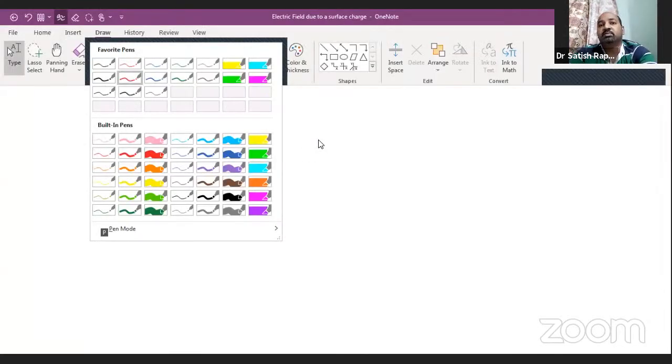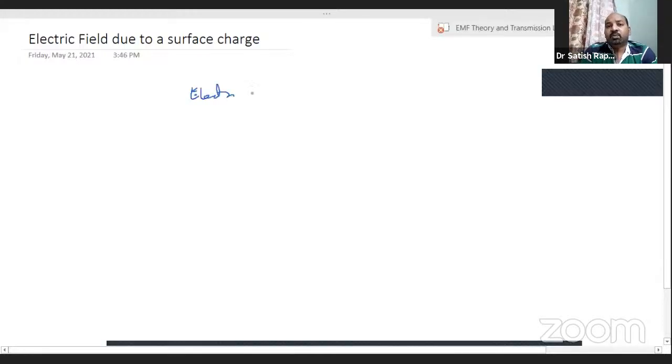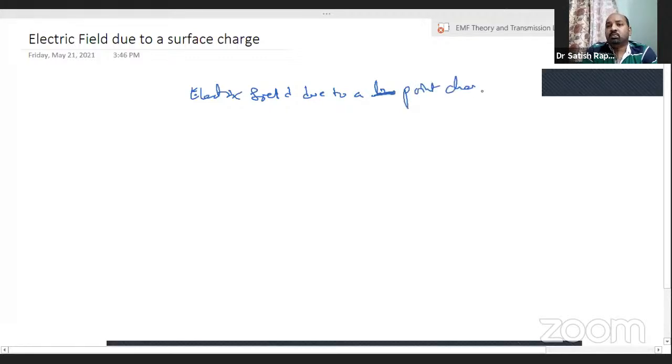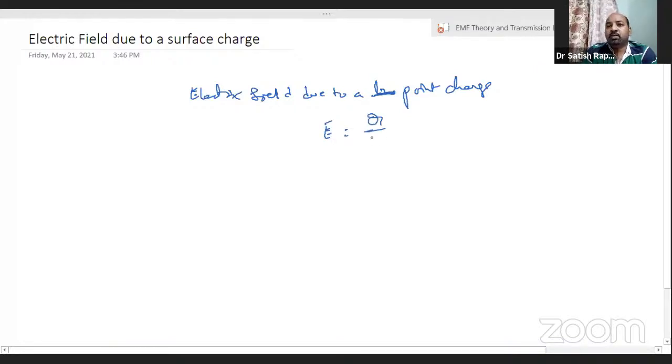Electric field due to a point charge is given by E bar is equal to Q by 4 pi epsilon naught R square A R bar. So this is the electric field due to a point charge.